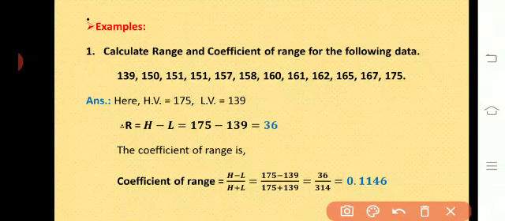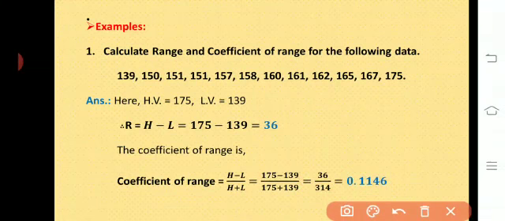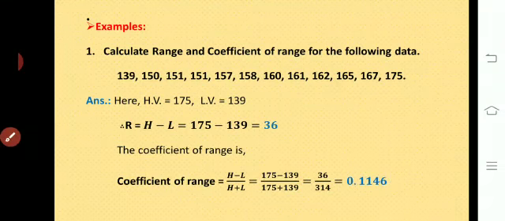Now 175 minus 139 is 36 and 175 plus 139 is 314. So 36 divided by 314, after simplification, we get 0.1146. So the coefficient of range is 0.1146. These are the values for range and coefficient of range.